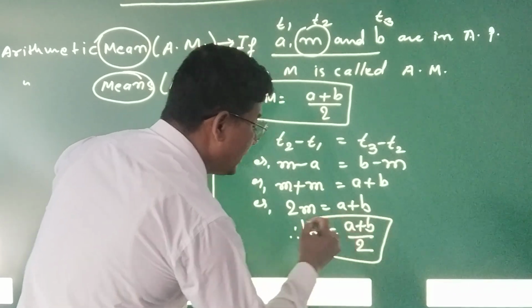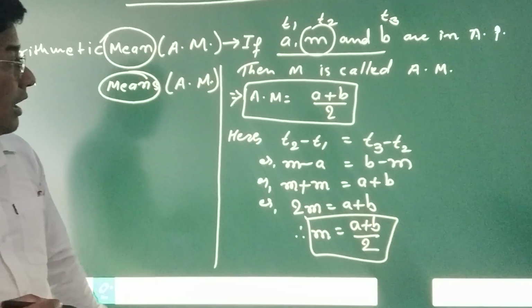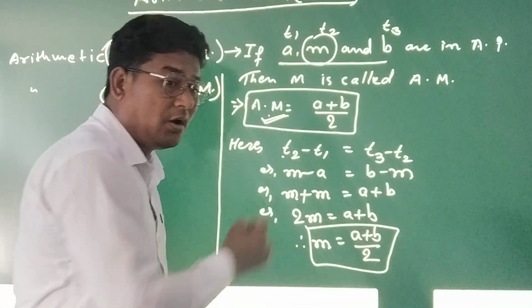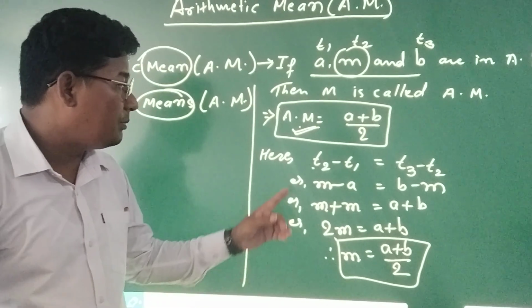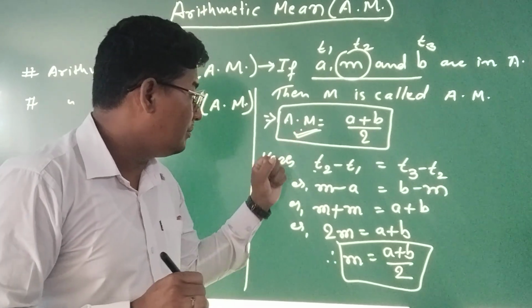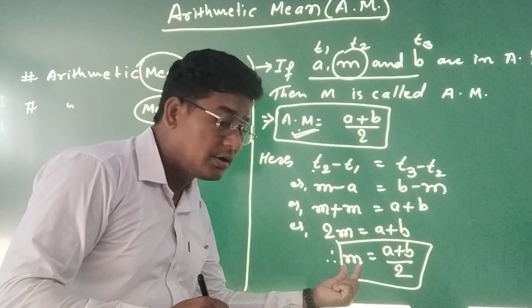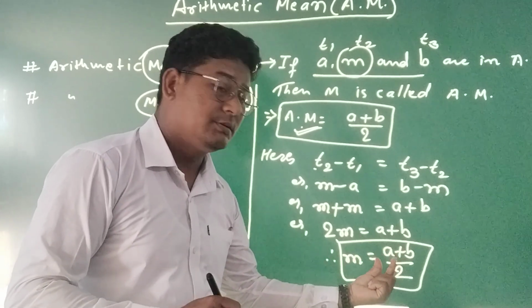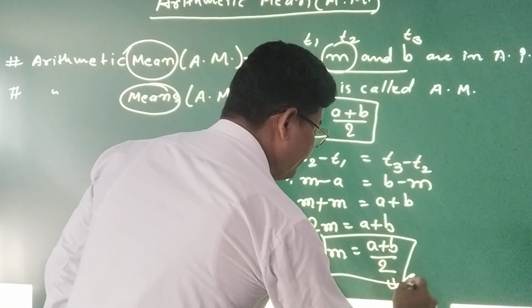This is the formula of arithmetic mean, not progression, and arithmetic mean is denoted by M. Therefore, M equals (A plus B) by 2.